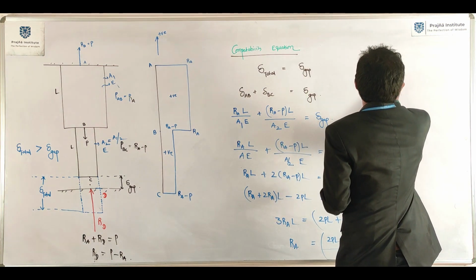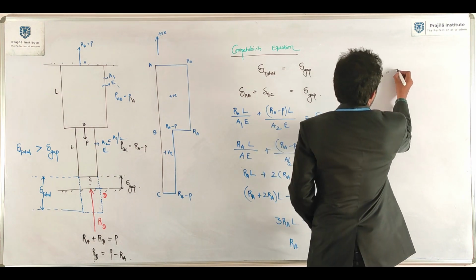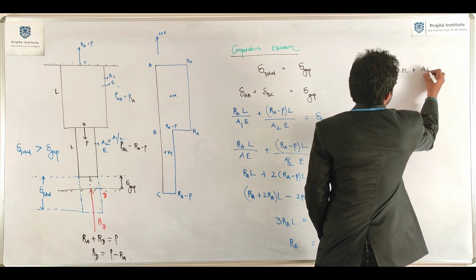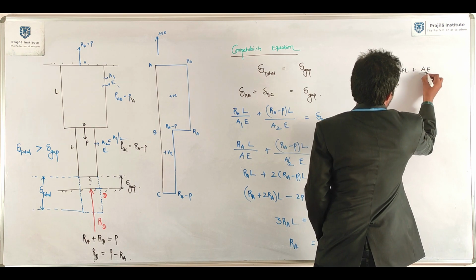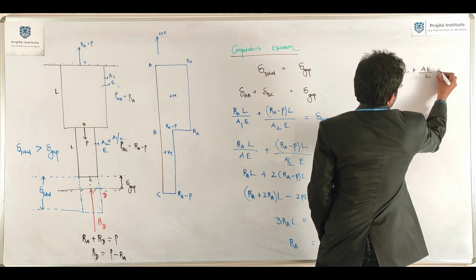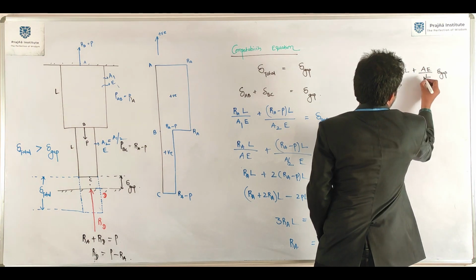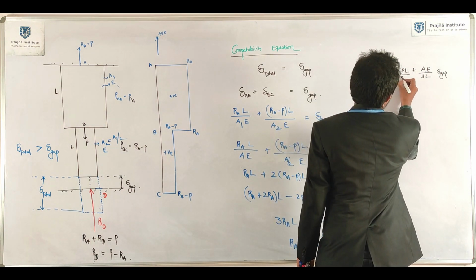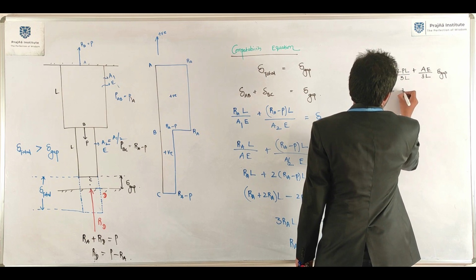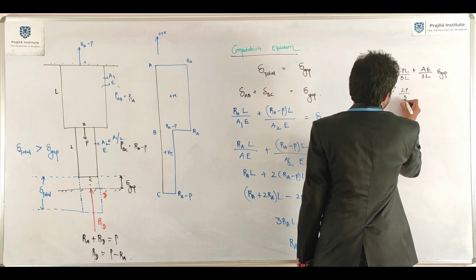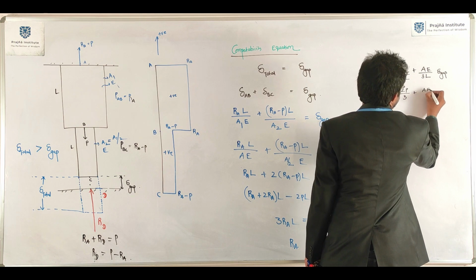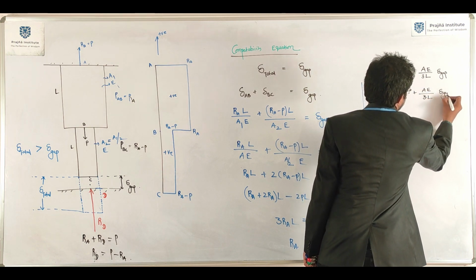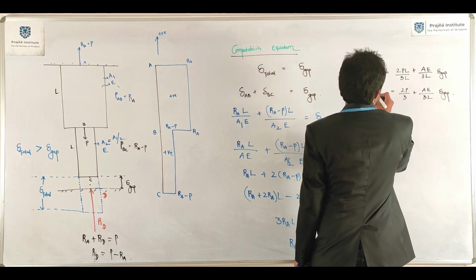RA equals 2PL by 3L plus AE by 3L delta gap, that is 2P by 3 plus AE by 3L delta gap. This is RA.